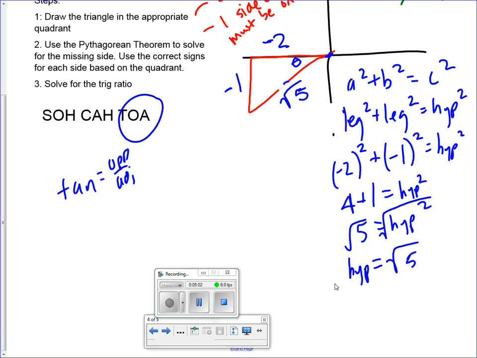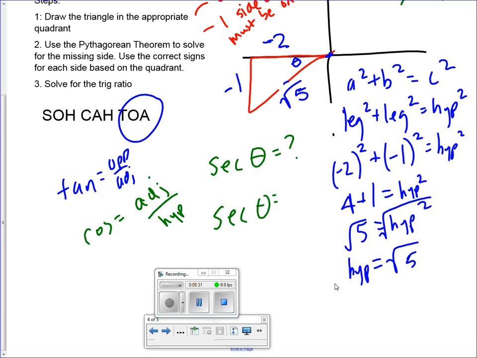So now we're going to solve for our trig. We want to know what is the secant of theta. Secant is the reciprocal of cosine. So cosine, again thinking about SOHCAHTOA, is the adjacent divided by the hypotenuse. So the secant would be the reciprocal: the hypotenuse divided by the adjacent.